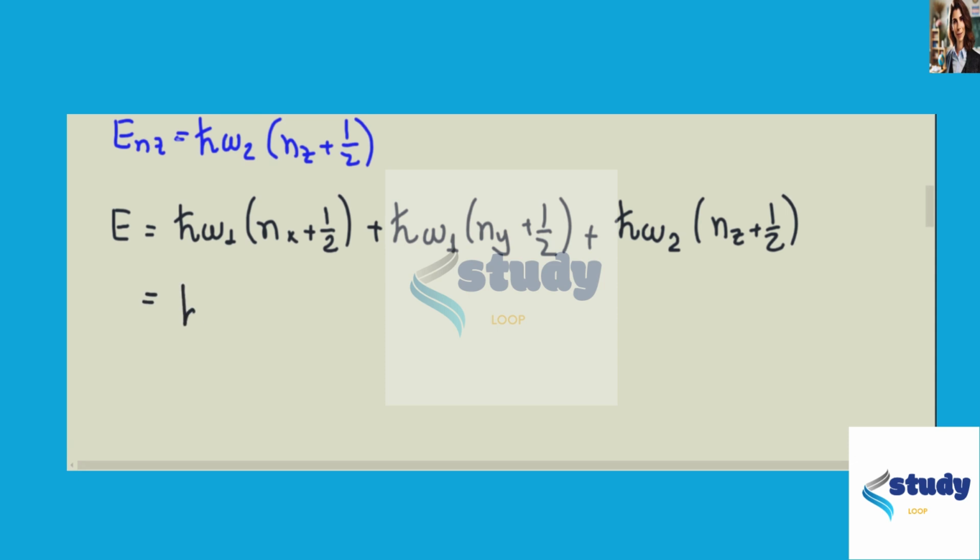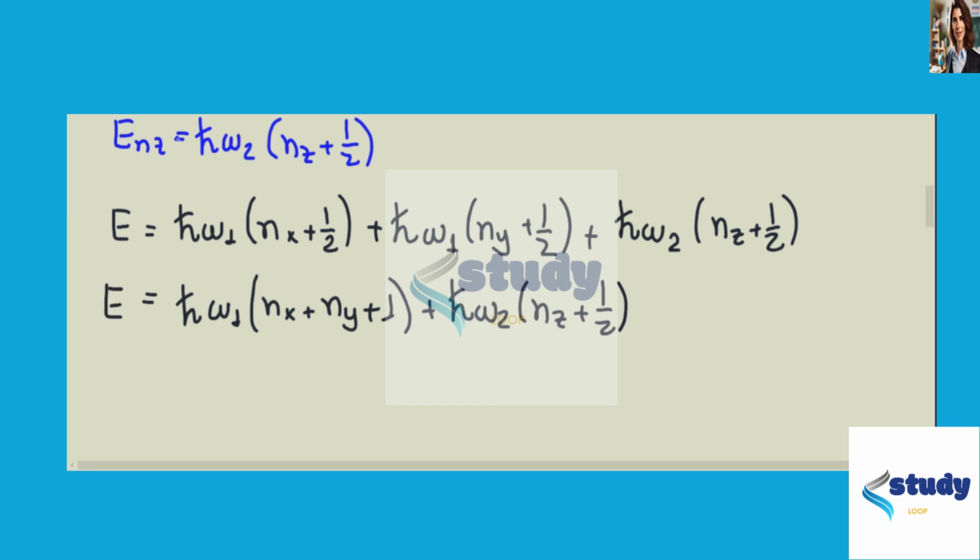So this is equal to h bar omega 1 times (nx plus ny plus 1) plus h bar omega 2 (nz plus 1/2). This is the energy. Okay?